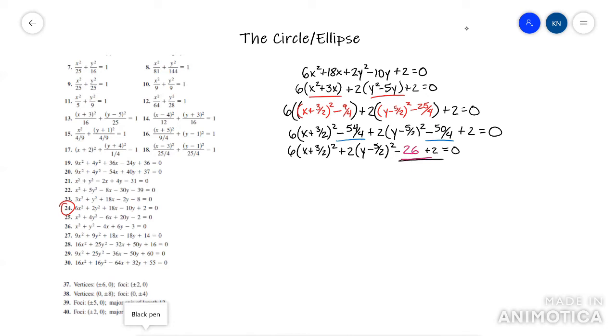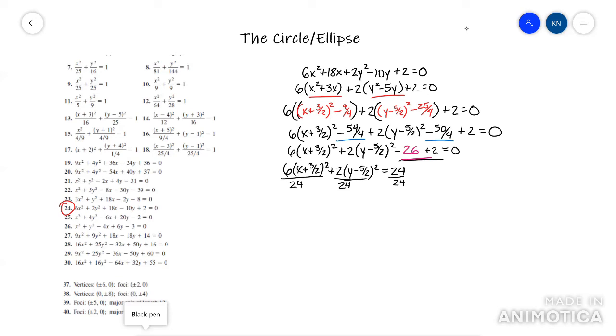All right, and now I can combine these other like terms and proceed. So here's how I'd finish this problem. Negative 26 plus 2 is negative 24, and then I'm going to send it to the other side, so it's going to become plus 24. Then I'm going to have to divide by that 24.